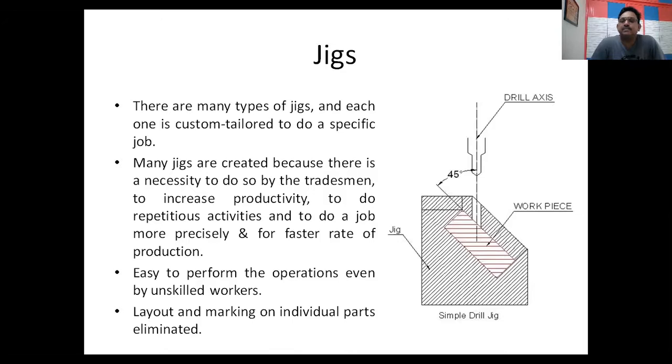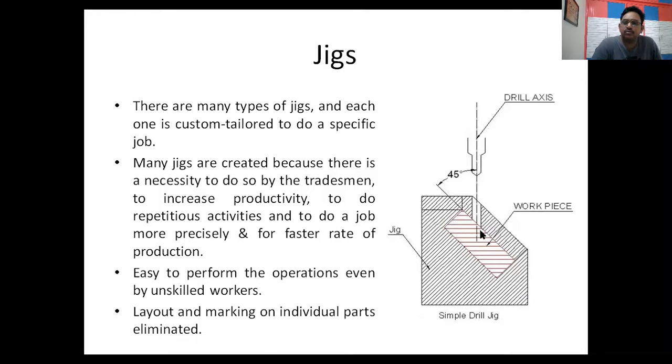For example, see here. I want to make a hole. This is a workpiece. This entire setup is a jig, and this is a drilling machine. For example, I want to make all the holes here. So what will I do? I will remove this part and insert the workpiece, and I will close this cap, and I will have only one vent.